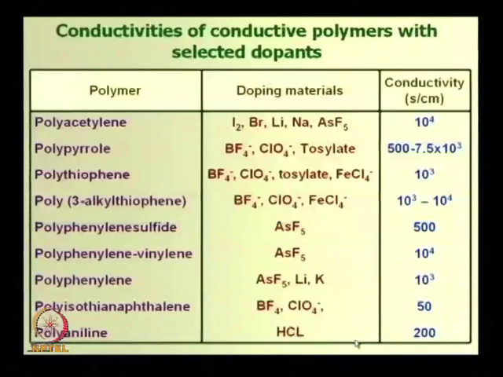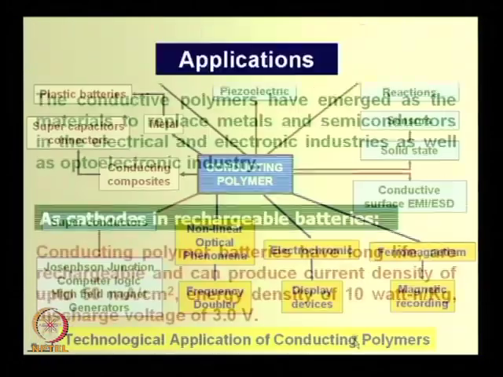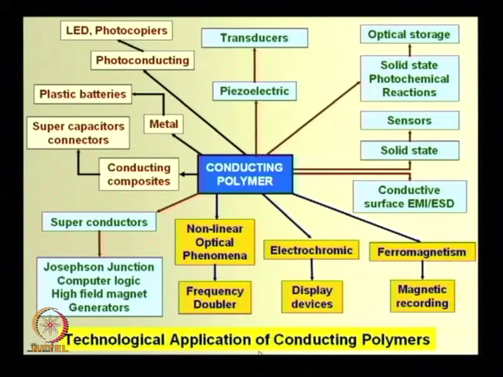If I show you the application, look at this conducting polymer, how many different applications there are today. Although this is old, from say 2-3 years back, I could get it from somewhere. There are further additions to this list, different types of applications you can find from conducting polymers.